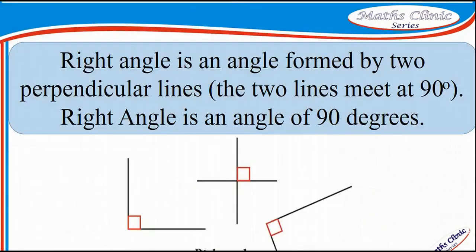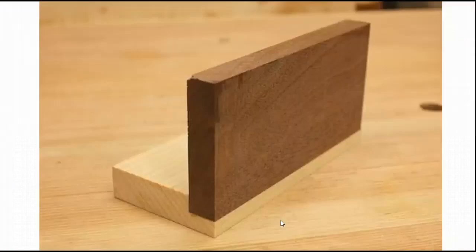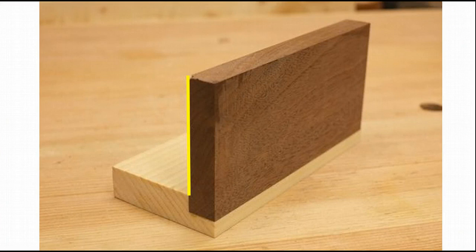Then we came to right angle, and the definition says that it's an angle formed by 2 perpendicular lines, or when 2 lines meet at 90, we have right angle. So all these are examples of right angles. And this is a typical example. When we have a vertical and then a horizontal, they always meet at right angle.